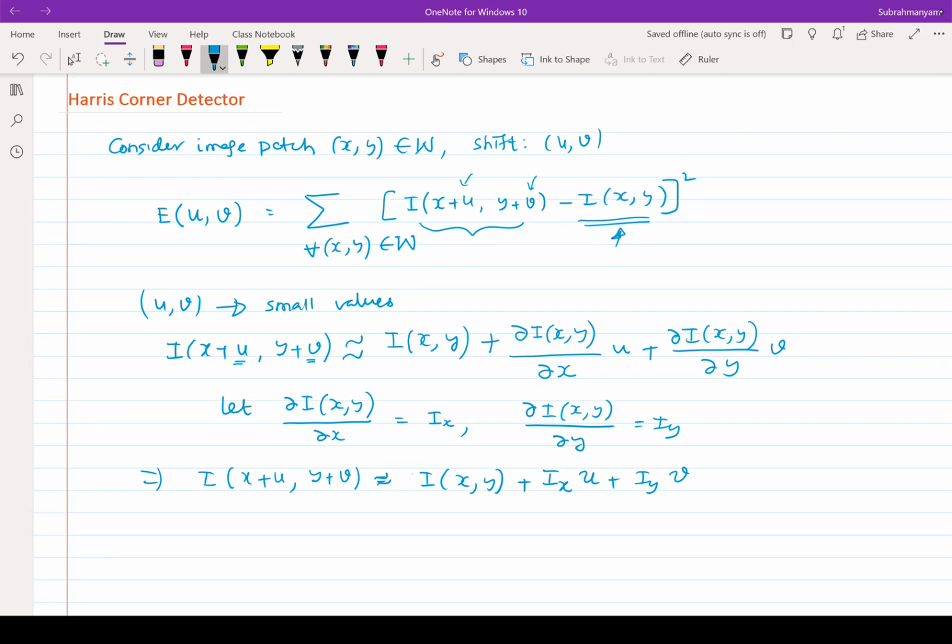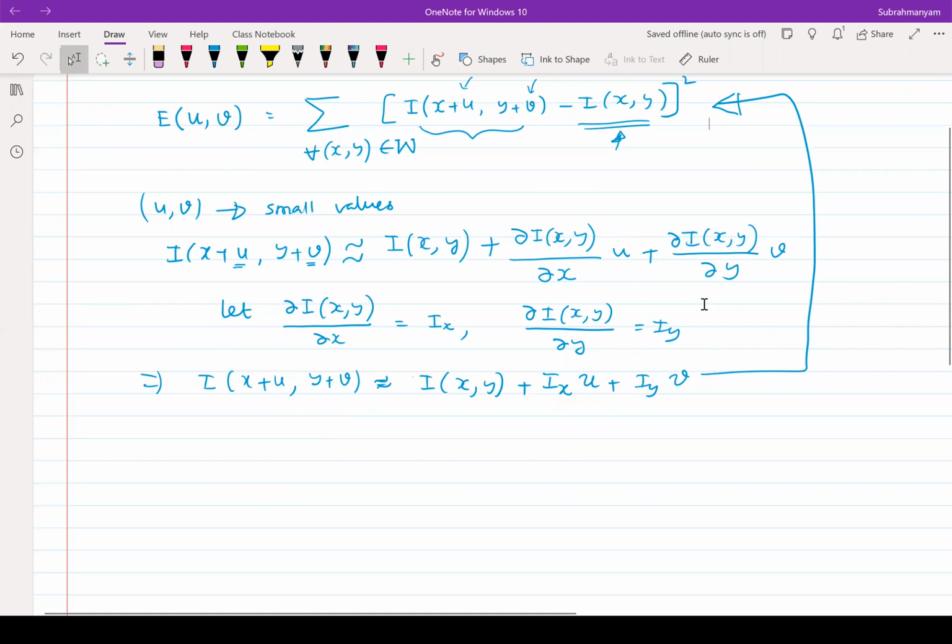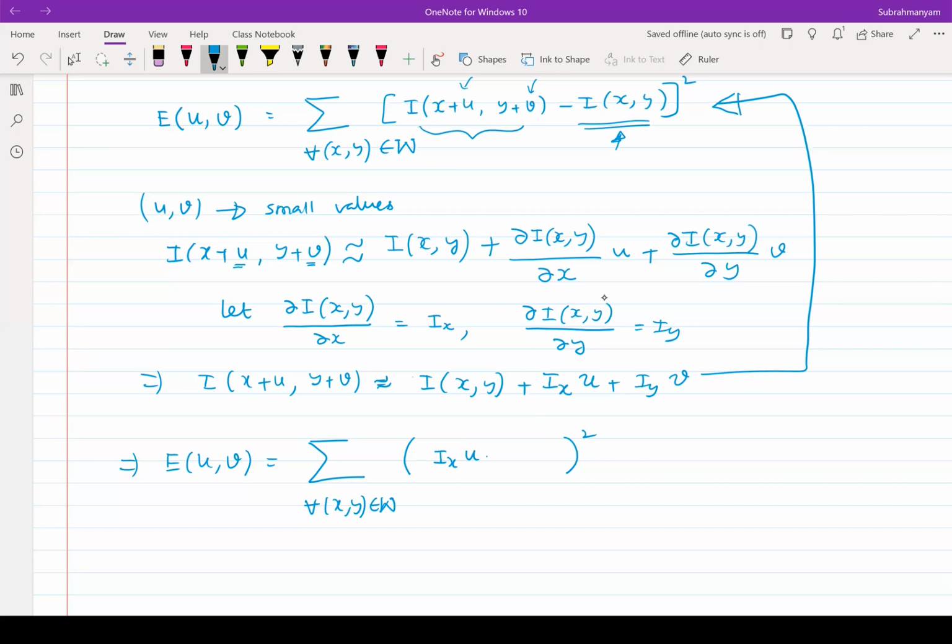Now let's substitute this equation here. E of u comma v is equal to, for all x, y that belong to this window or patch W, what would I get inside now? I_x u plus I_y v. That's all.